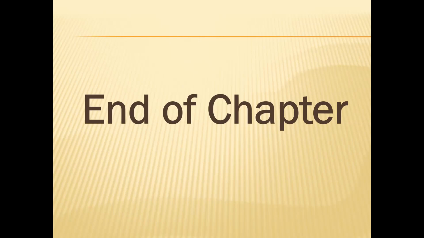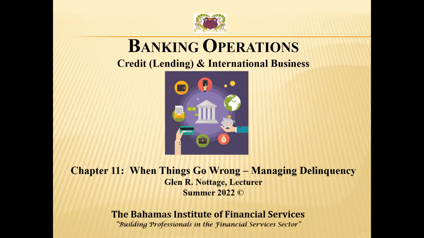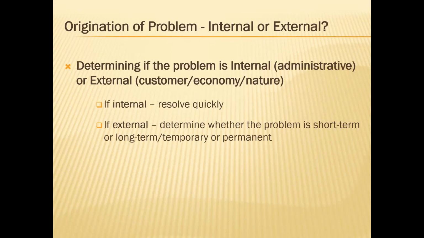When things go wrong, managing delinquency. Okay. So in here we have, it says at the top of our page 65, review the causes and warning signs associated with typical bad and doubtful debts.